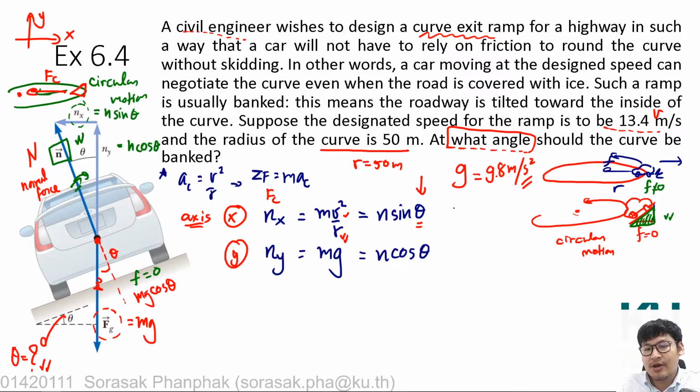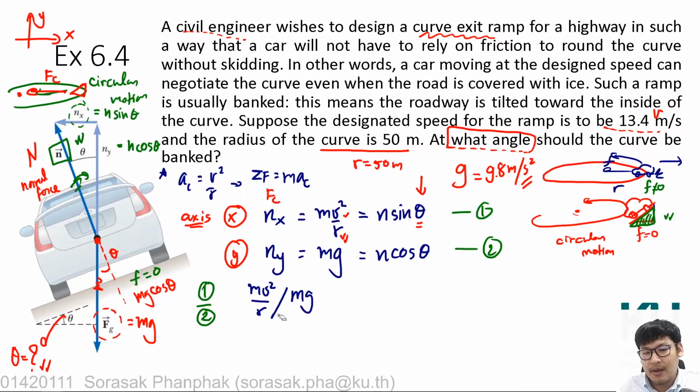So I got equation 1 and equation 2. If I take equation 1 divided by equation 2, I get mv squared over r divided by mg, equal to n sin theta over n cos theta.